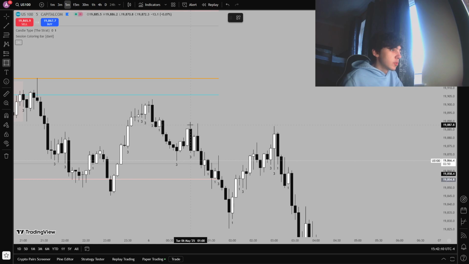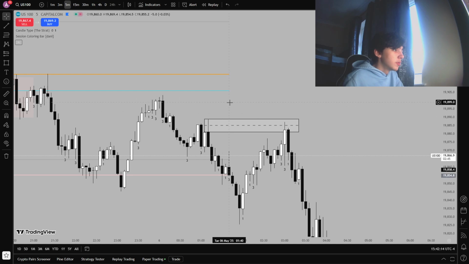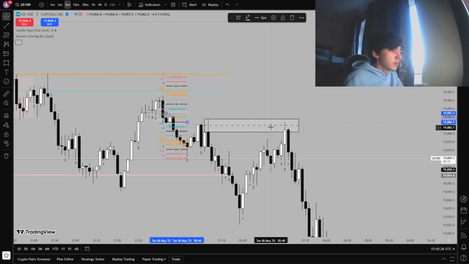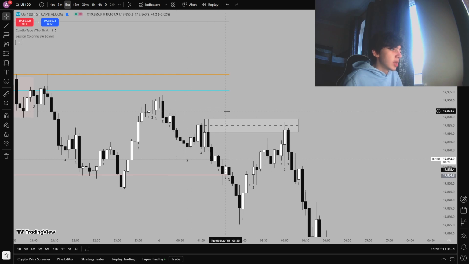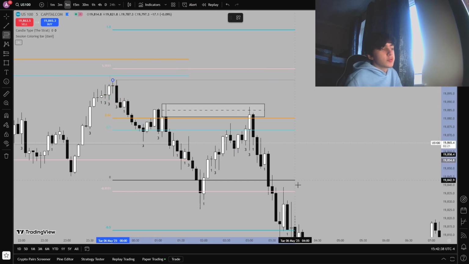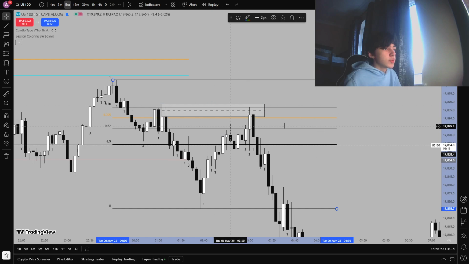We had this rejection block I saw, and we had this M partition of the inside candle. We touched into that as well. When I saw that, also this OTE, of course. It's always OTE. I always have to add OTE into my models. See, we touched OTE.